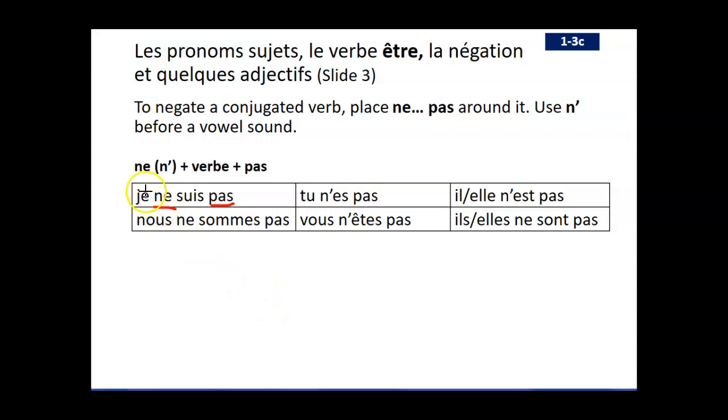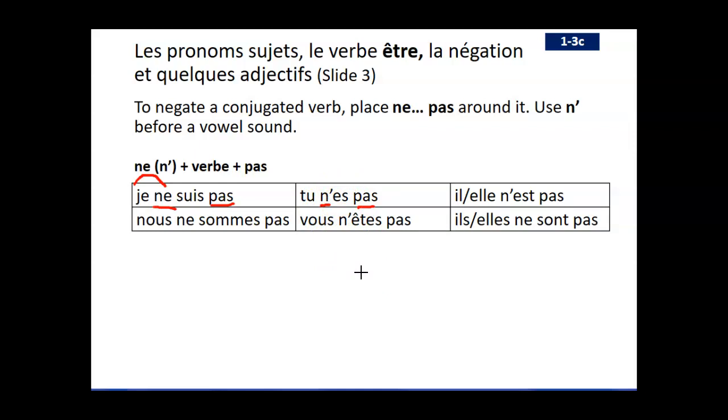And notice also how I kind of combine these to form almost one word. So instead of saying je ne suis pas, most French speakers kind of squish those together and they just say je ne suis pas. Okay, tu n'es pas. Okay, so again we have the ne and the pas, but because the ne has an e in it and the next word begins with a vowel sound, they get squished together in a contraction.